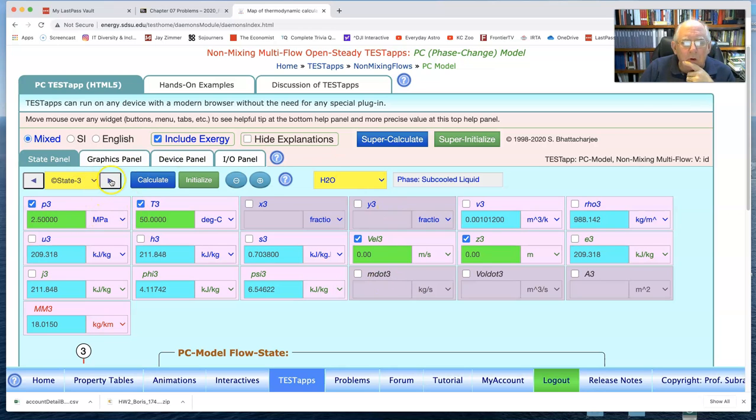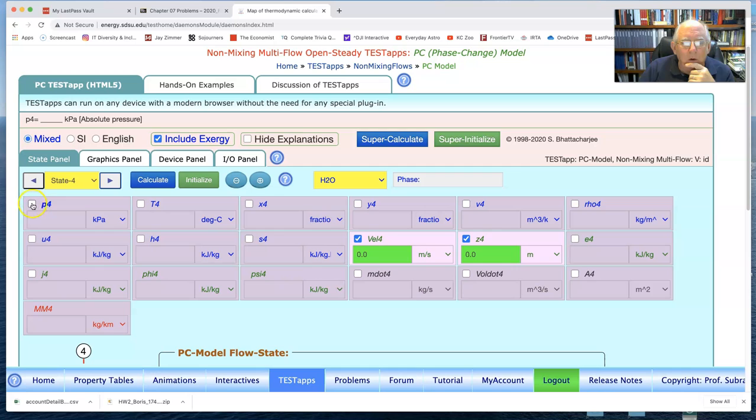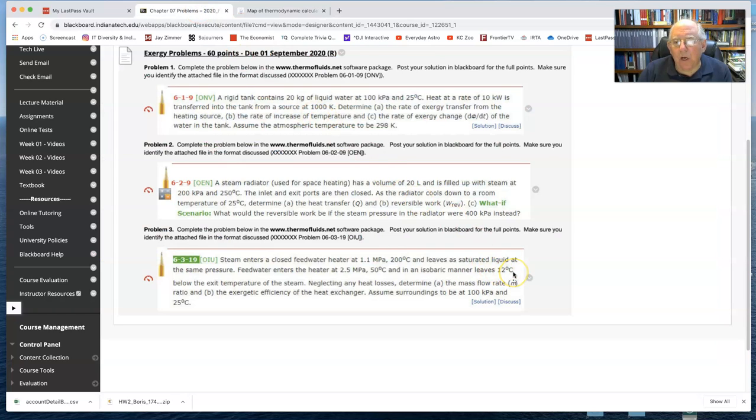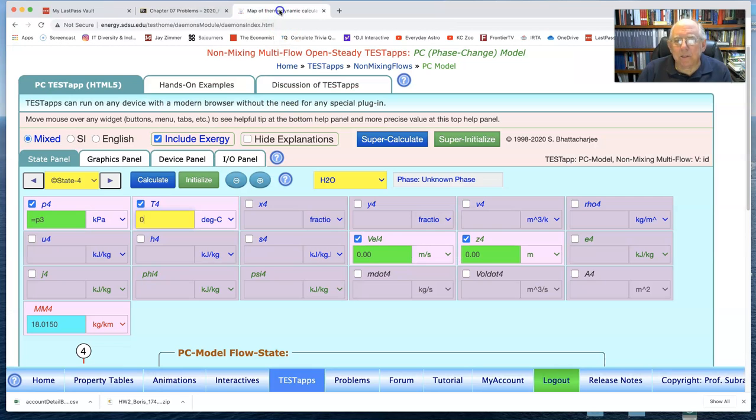But what we do know, when we go to state 4, we know that state 4 has the same pressure as state 3. And the problem said that it comes out at a temperature, let's read that again, at a temperature 12 degrees lower than the exit temperature of the steam. And so it comes out at T2 minus 12.